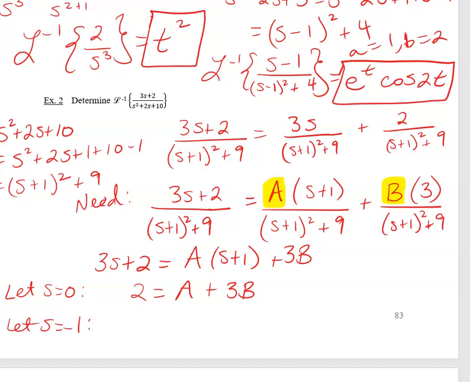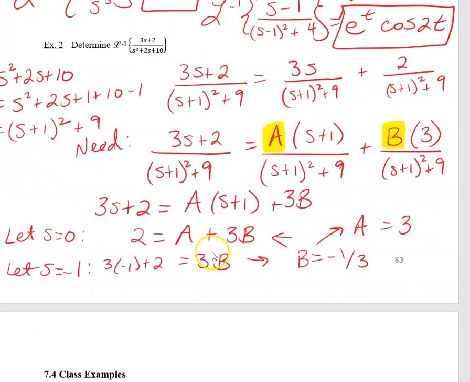You can see that it's going to go away. So if s is -1, 3 times -1 plus 2 gives me 3b. And if you solve that now, you wind up with b equals -1/3. So now you have b, you can go back and plug that in to this equation and solve for a, and you'll get a value of 3.